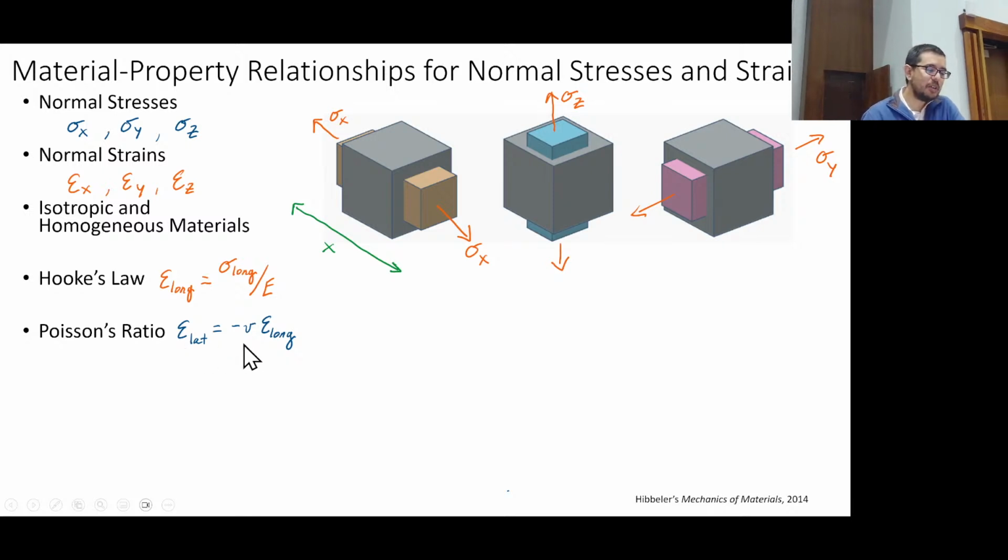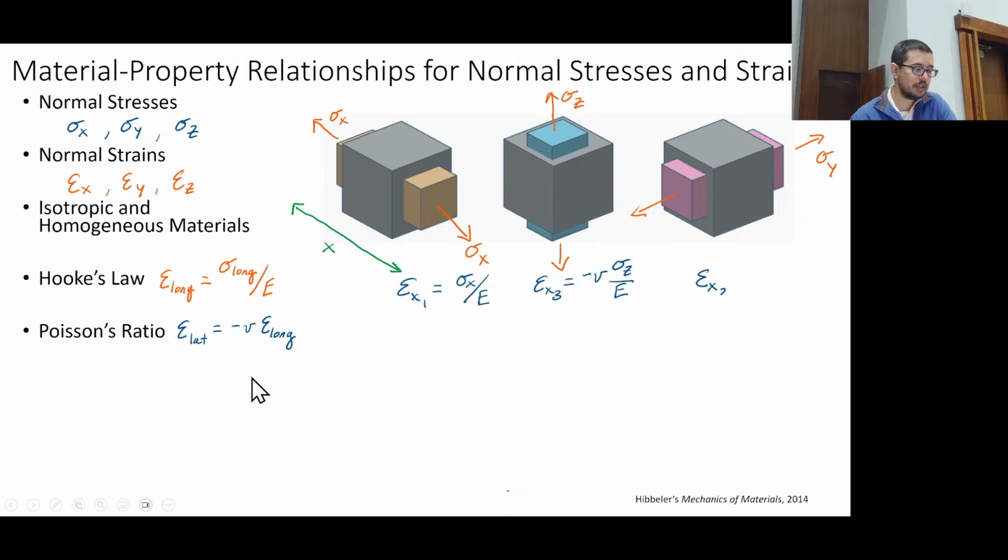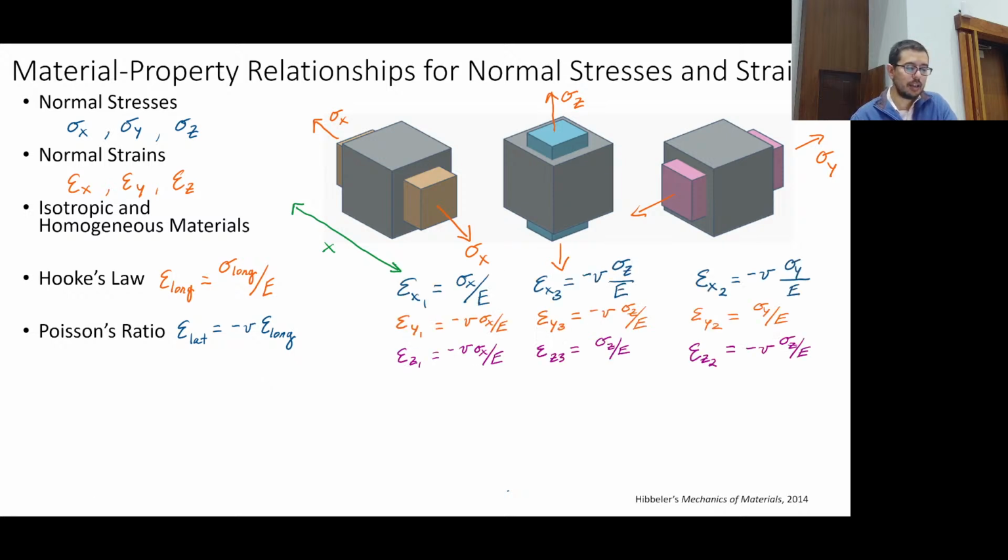All right, so we have nu as the ratio of minus the epsilon lateral over the epsilon longitudinal, but that's just rearranged. Look at this. If I just had a longitudinal strain, I can think of it in terms of a longitudinal stress over E. And now I have an orthogonal in the y direction and an orthogonal in the z direction.